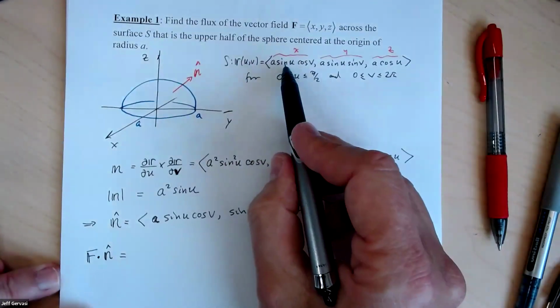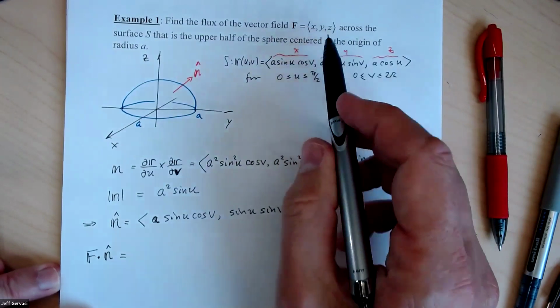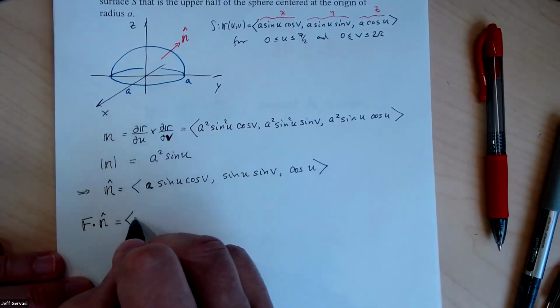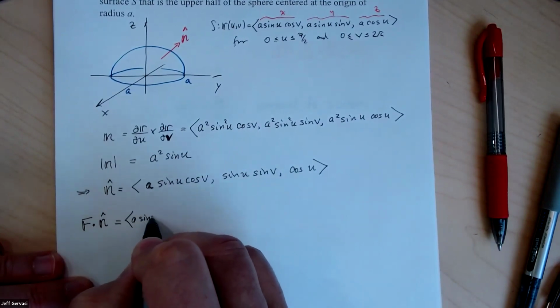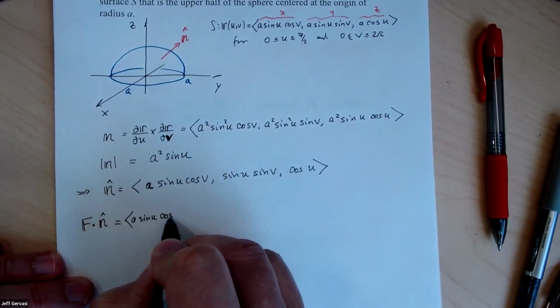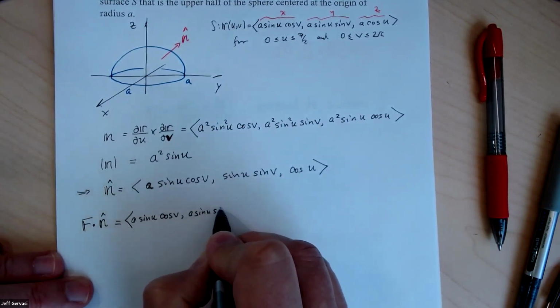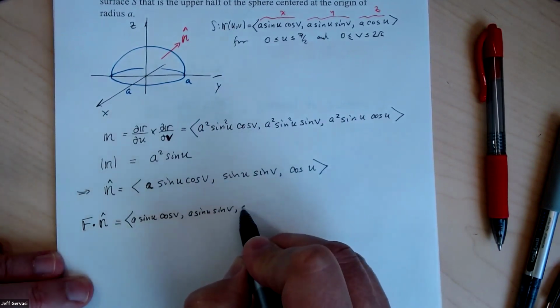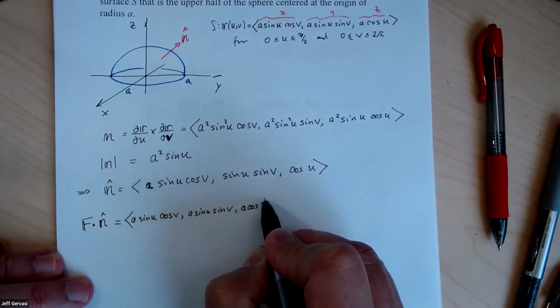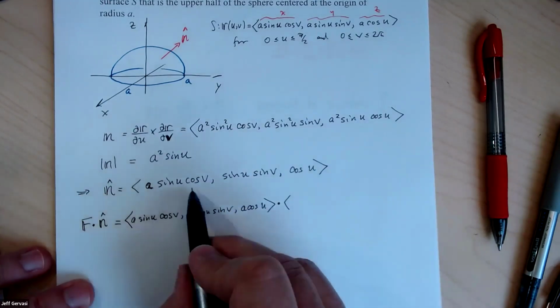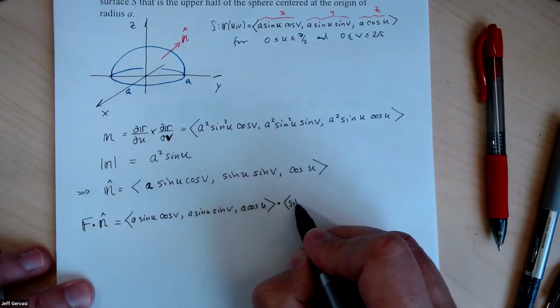I'll deposit all three of those into x, y, and z respectively, and we'll dot that with our unit normal vector right above.